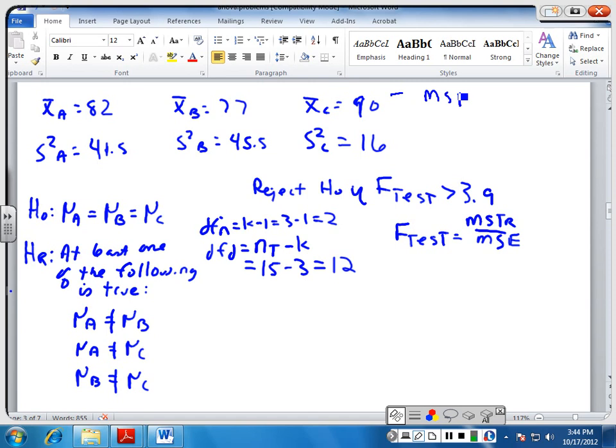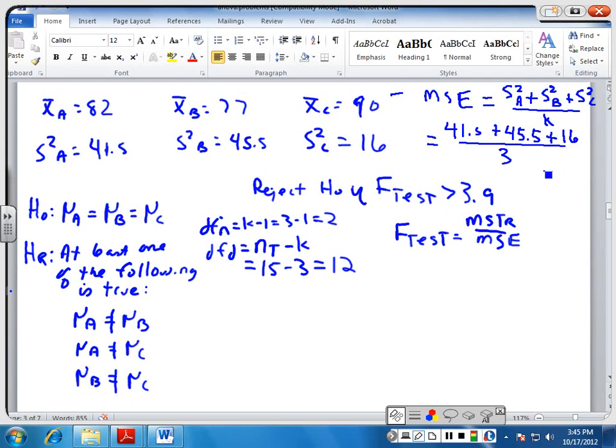MSE, calculate here. Okay, it's not writing as well as I'd like, but it's S squared A, S squared B, S squared C divided by K. That's equal to 41.5 plus 45.5 plus 16, all of that divided by 3.